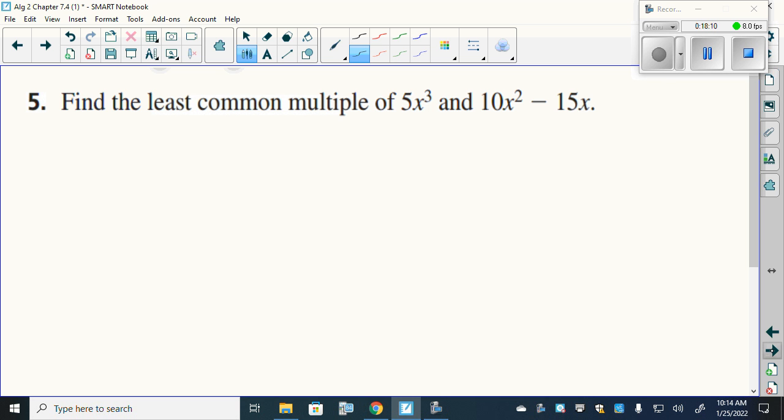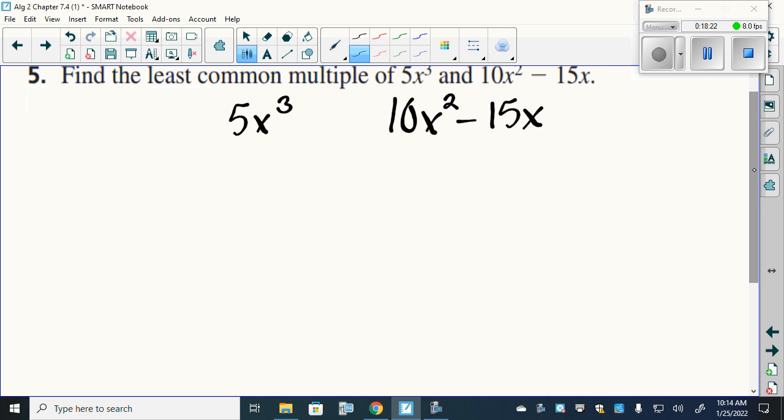Find the least common multiple of 5x cubed and 10x squared minus 15x. So we can start out with 5x cubed first. What can we do with it to factor it? Can we do anything? No. It's one term, it's by itself, so we can't do anything to it.